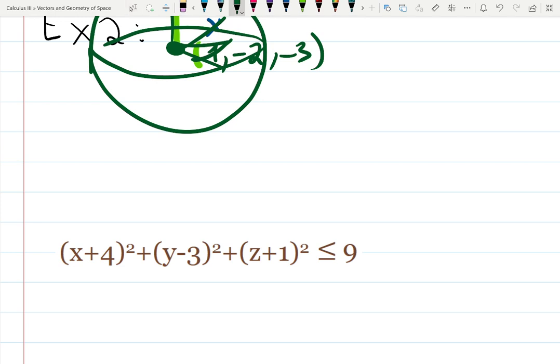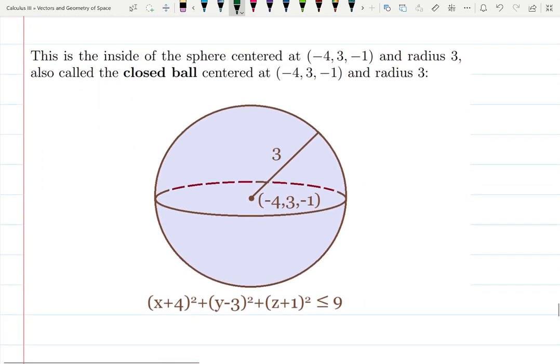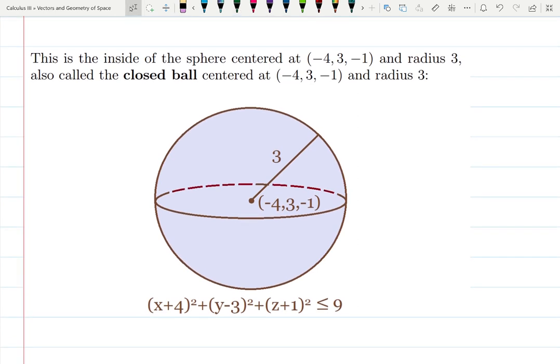But if I put an inequality, now I'm filling it in. And if I put equal as well, I'm also including the shell. So we'll call that a closed ball, because this is the inside of the sphere with a given center and a given radius. That's official terminology, internationally accepted. If you only say less than 9, then it will be just whatever is inside of the ball, say the air or water, if it's a water balloon, with no shell.